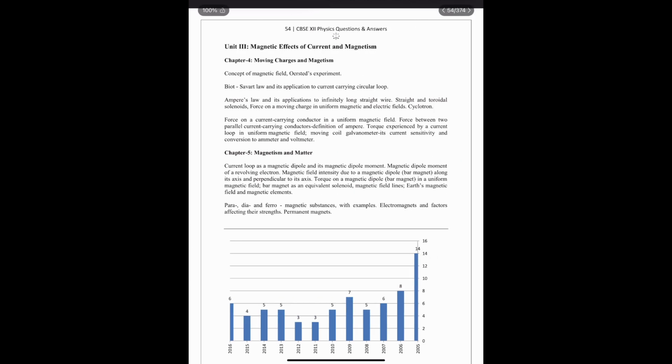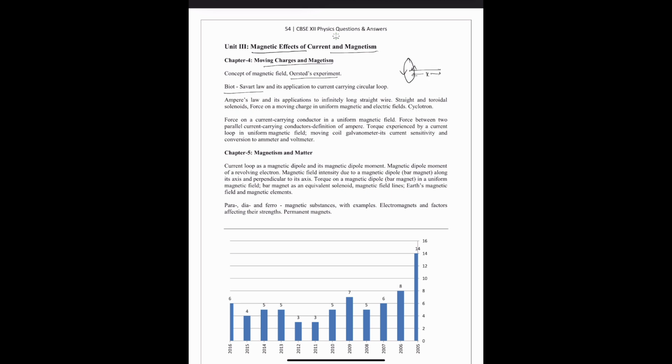So next class we will discuss magnetic effects of current and magnetism. Here we'll discuss moving charges and magnetism, Oersted experiment, Biot-Savart law, application of Biot-Savart law, and the field due to a circular coil at its center and at its axis at a distance x.